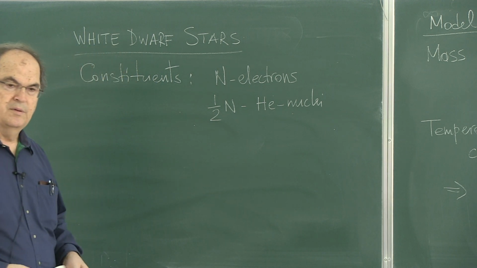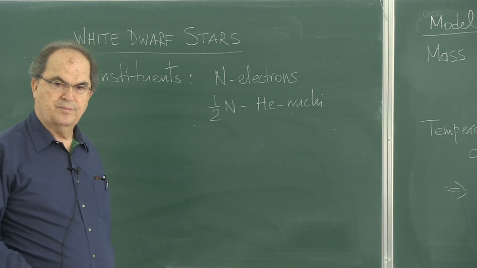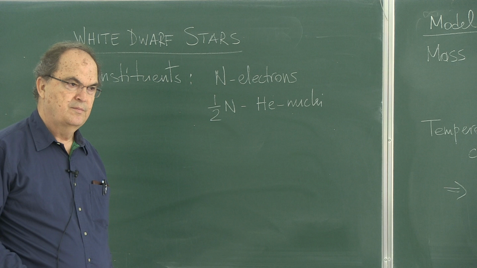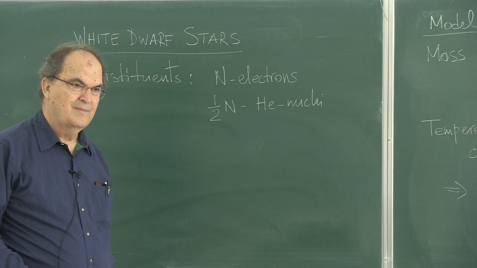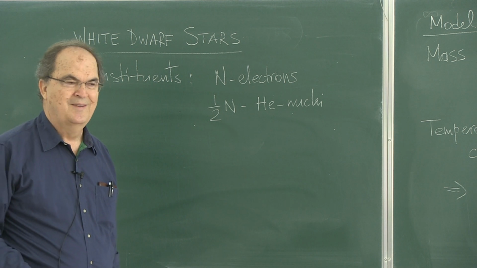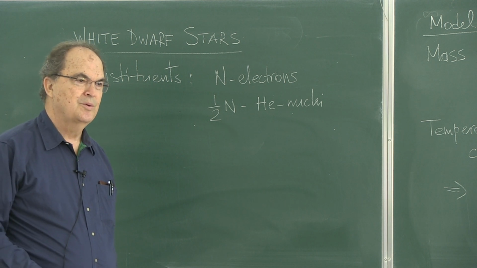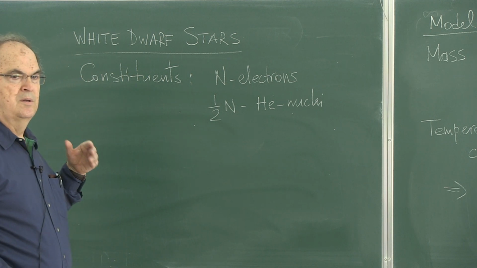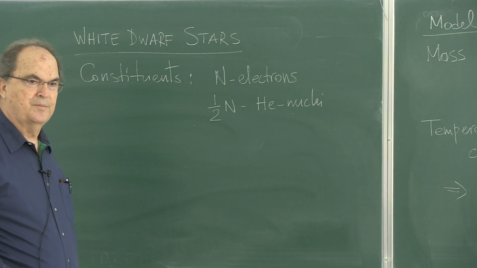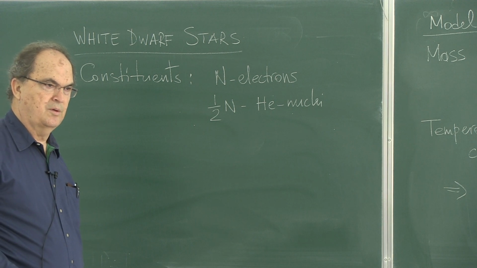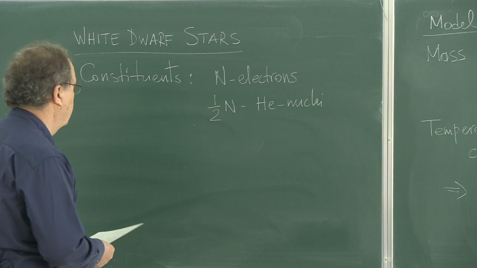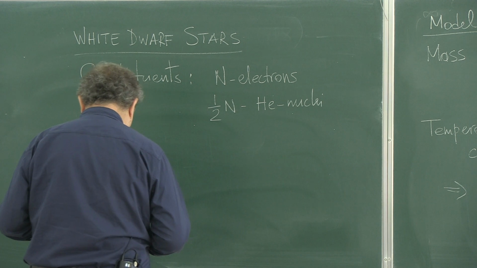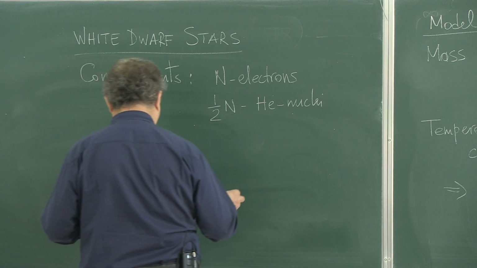Why half? Because there are 2 electrons per helium. Hydrogen has 1. Helium has 2. So if you have n electrons, you must have half of this number of helium nuclei. Okay, so this is what we have.